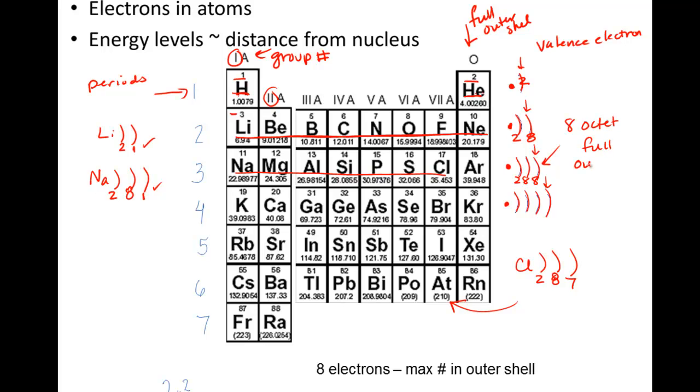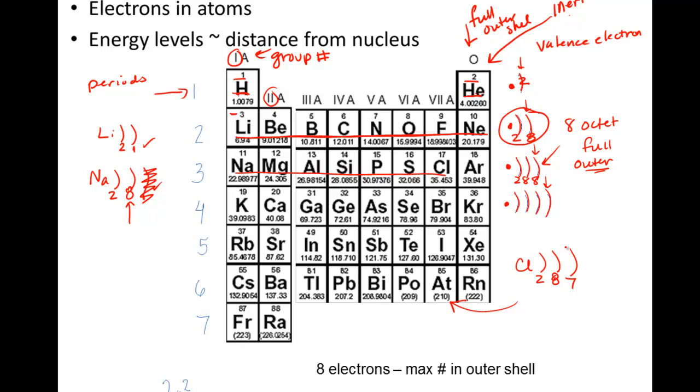This is considered to be a full outer shell. And we look at that because these elements are what we call inert or noble gases. They're inactive. They don't want to gain electrons, they don't want to lose electrons. But we see all the other elements seem to want to do that. And in fact, if sodium could lose this one electron, it would have 8 electrons in its outer shell, and it would look just like neon.